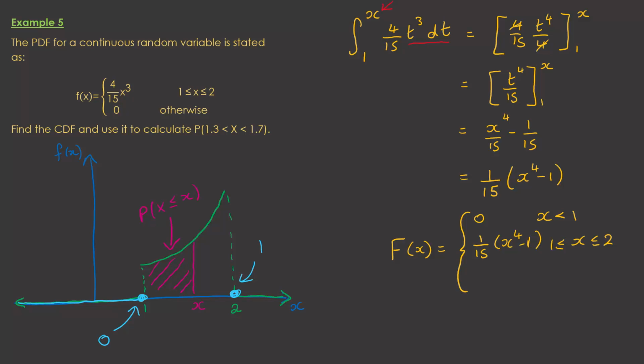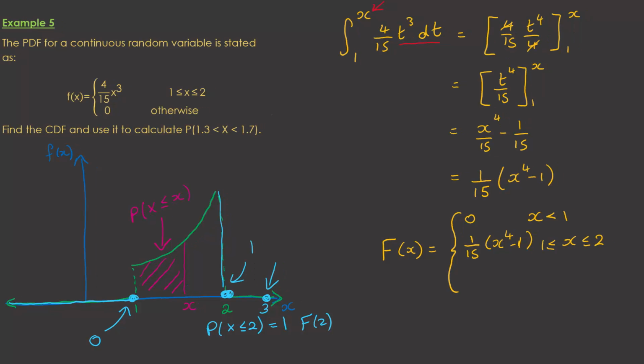Once we've reached here, the probability is 1. So the probability that x is less than or equal to 2 is 1. Remember, that's the same as saying f of 2. Well, it makes sense that the probability that x is less than or equal to 3 is 1 as well, because we've already had all of the probability that we have. So this is 1 for x greater than 2.